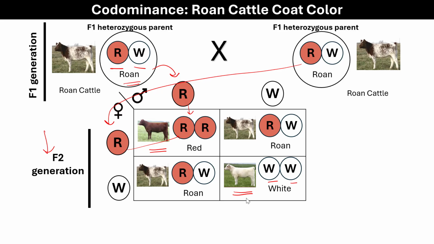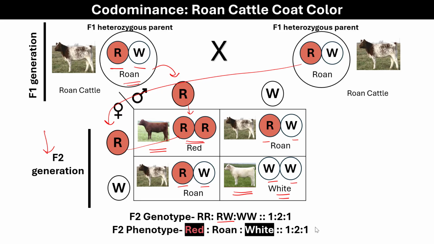And when you have a combination of R and W, you will again have roan coat. So the genotypic ratio is 1 RR type, 1 WW type, and 2 RW type. And their phenotypic ratios are also just like incomplete dominance. It is 1:2:1, where 1 red, 1 white, and 2 roan from RW genotype.